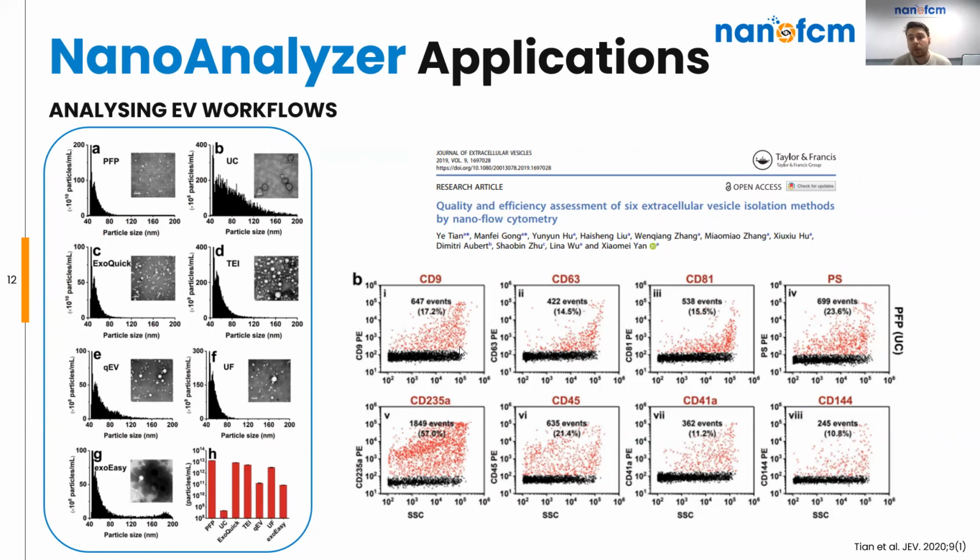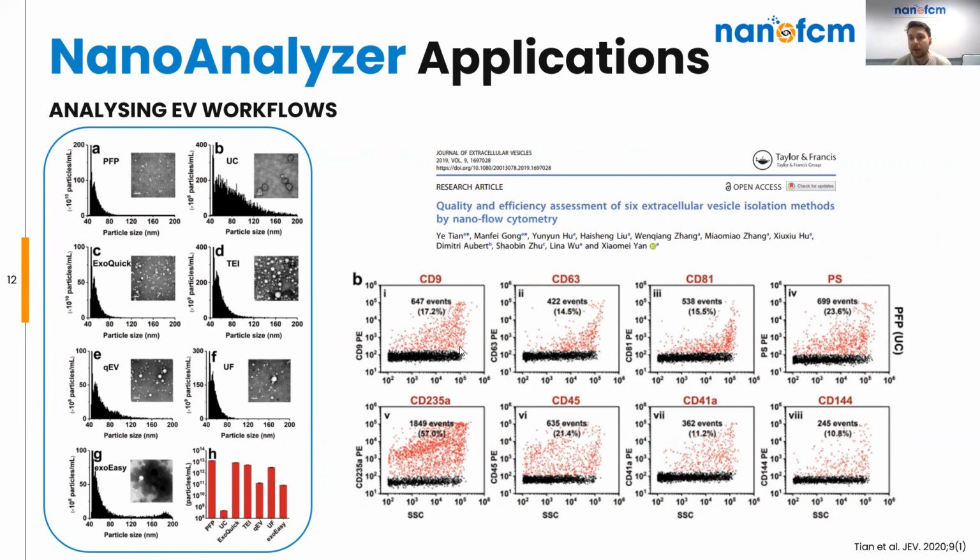The authors go on to provide data suggesting that the ultracentrifugation was removing a greater proportion of non-EV material, leading to this vast difference in particle count and size distribution, and therefore go on to perform antibody staining on the platelet-free plasma EVs isolated by ultracentrifugation.